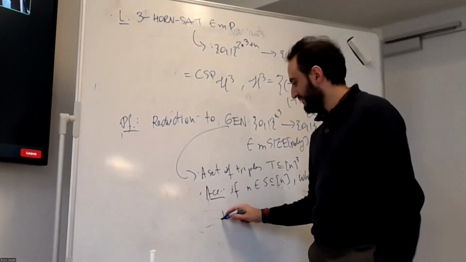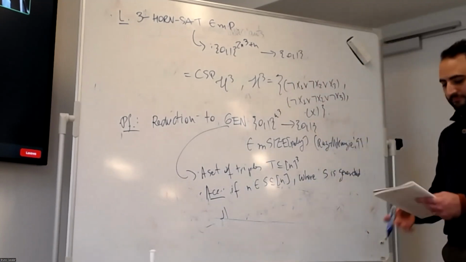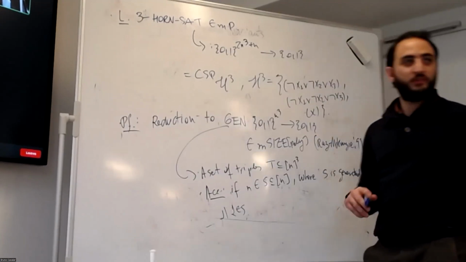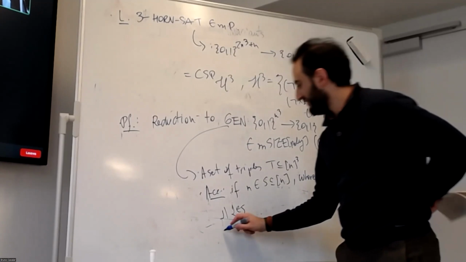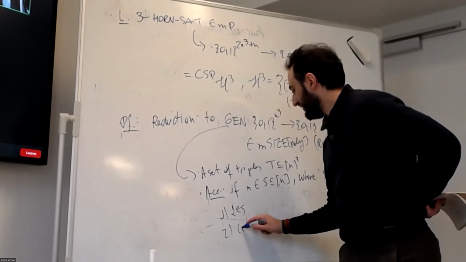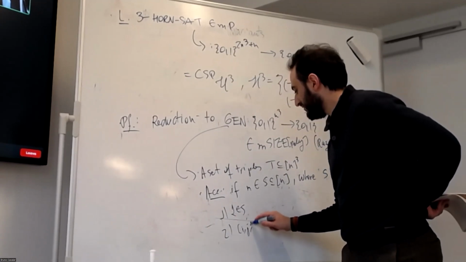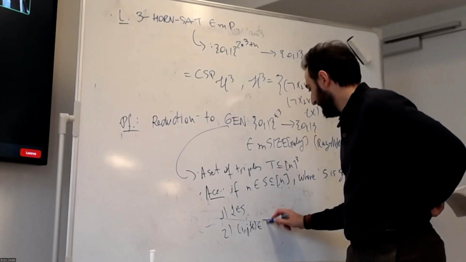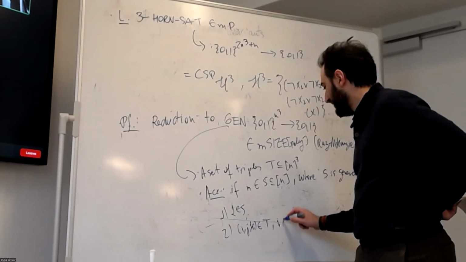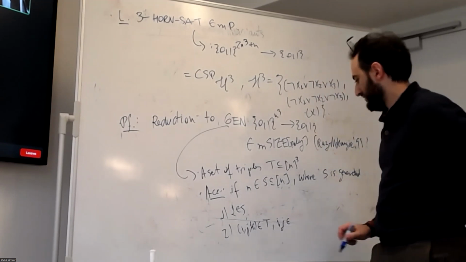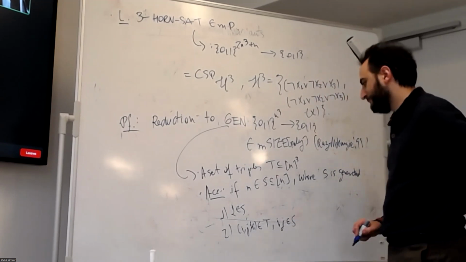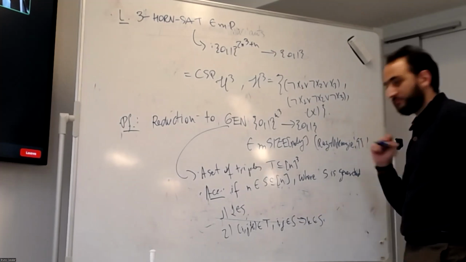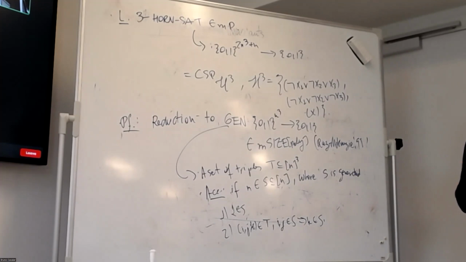You have one axiom, so put 1 in S, and then for (i, j, k) in T, if i and j are in S, then k is in S. Okay, and you can compute that.